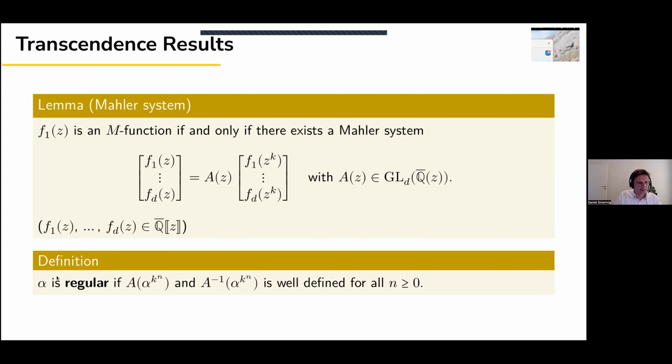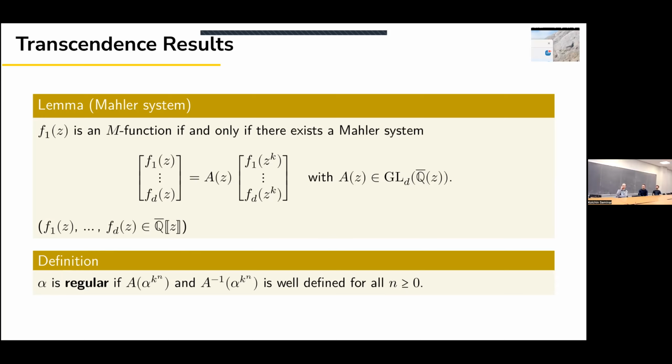Okay, and then we call a point alpha regular if this matrix and its inverse are well defined for all alpha raised to k to the n, for all n larger than or equal to 0. So the entries of this matrix are rational functions, as is the case for the inverse, and we want to avoid all poles of these finitely many rational functions.